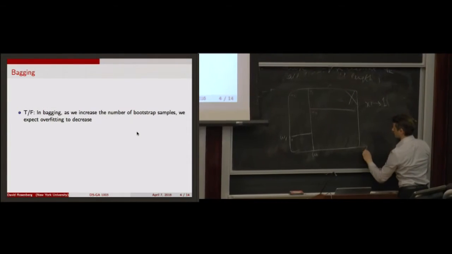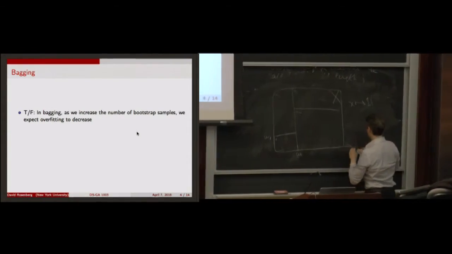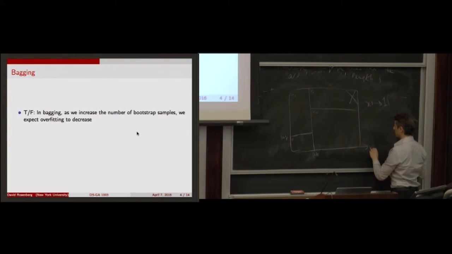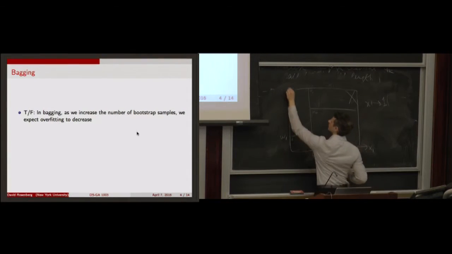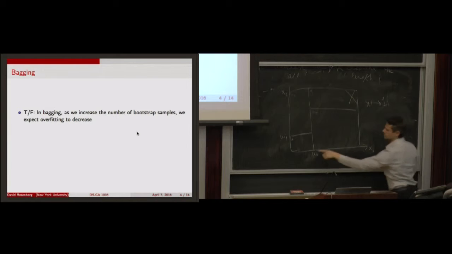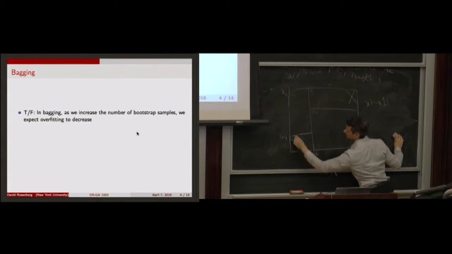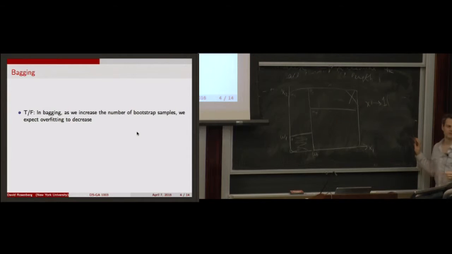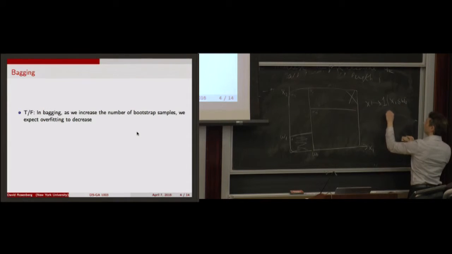So this is the x1 axis, and this is the x2 axis. What would I say to get this region to be 1? Okay, x1 is less than or equal to w0, and x2 is less than or equal to w1.